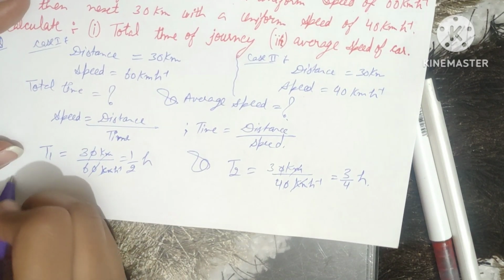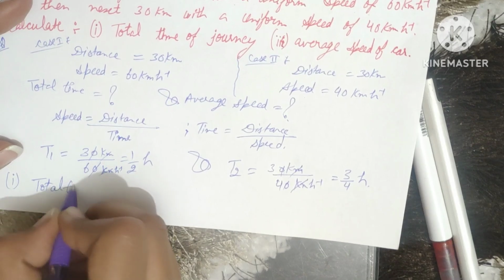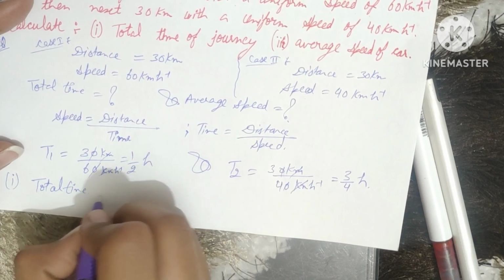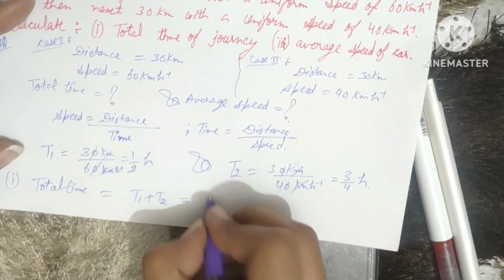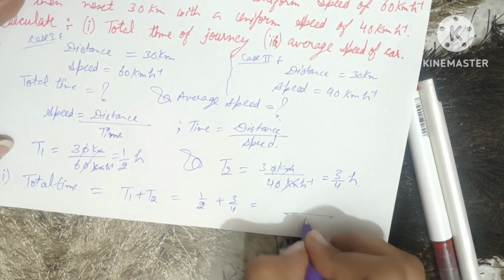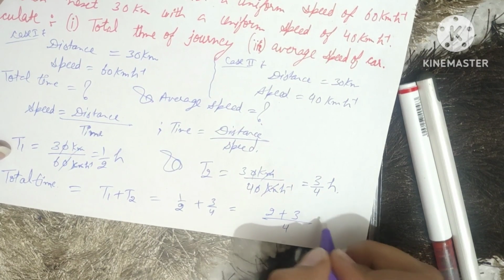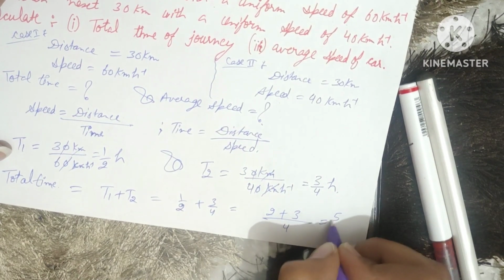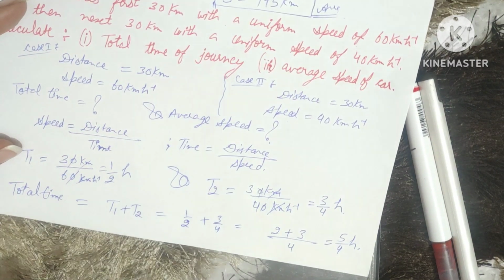So for finding the total time of the journey, total time taken, we will add these two. 1 by 2 plus 3 by 4 in hour, the answer will come. That is 2 plus 3, which is equal to 5 by 4 hour. That is the total time of the journey.